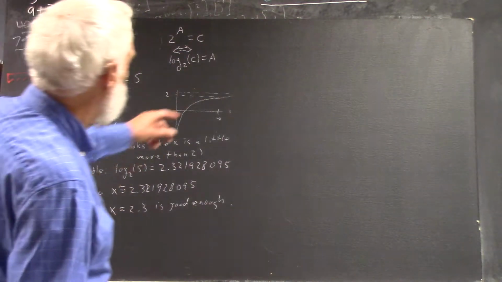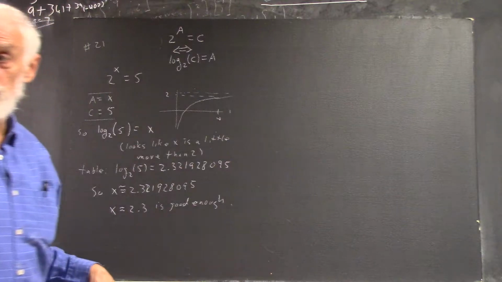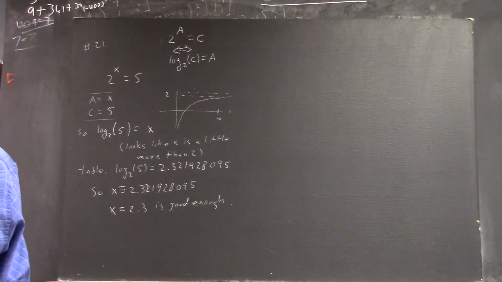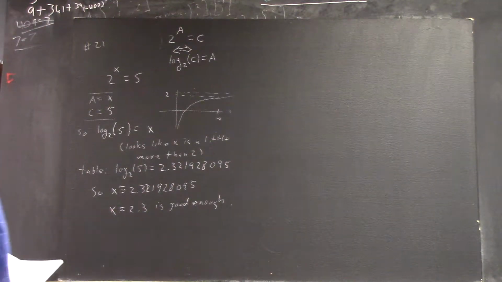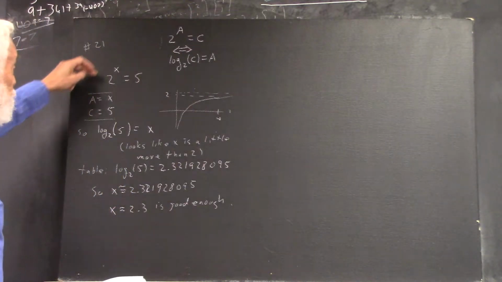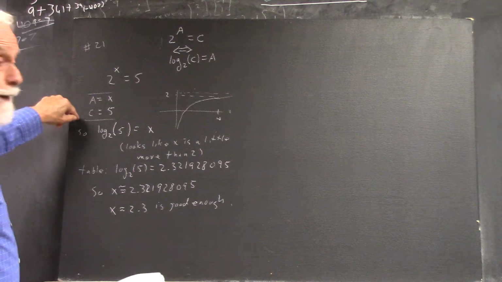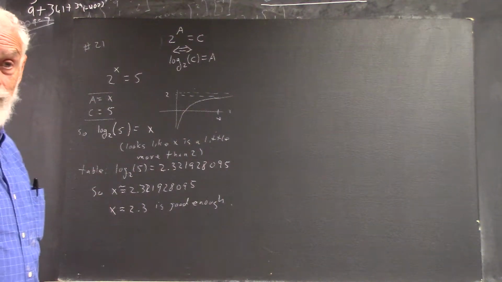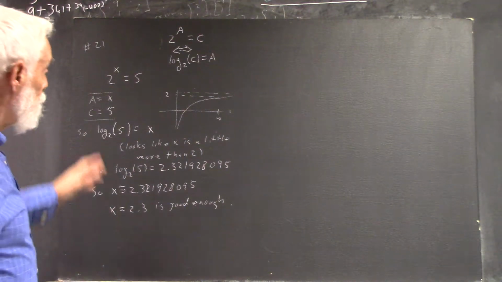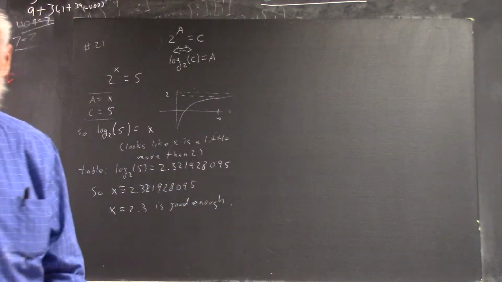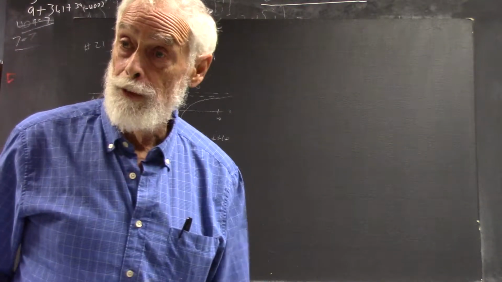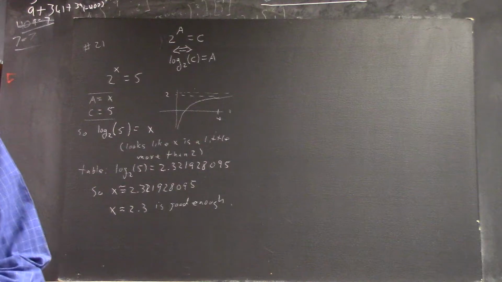And you can see that that's consistent with what your graph kind of shows you. So the process when you see an exponential or logarithmic equation is identify A, identify C. If you get something that's compatible with your basic graph of the log or the exponential, then by all means make an estimate.